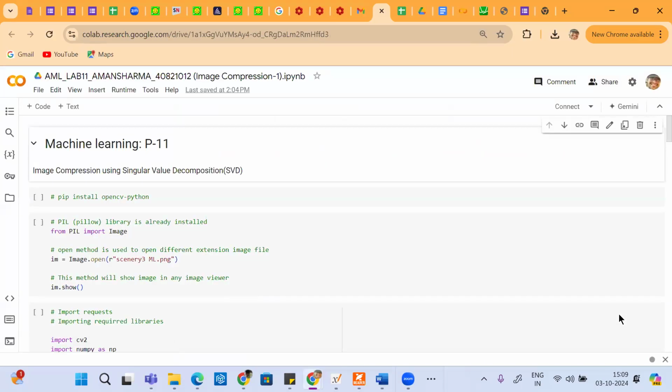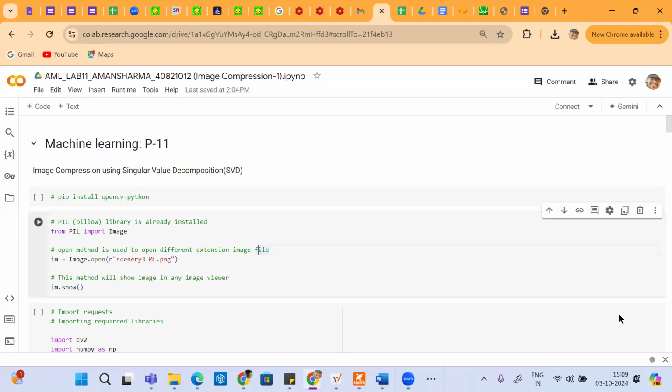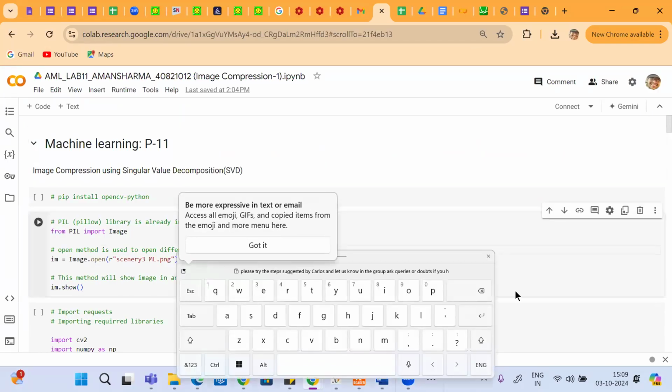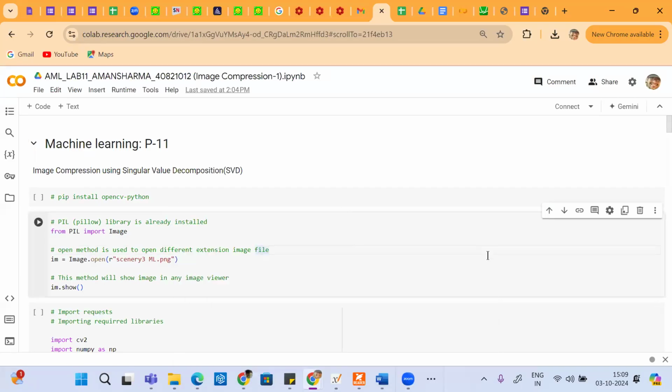Yeah. So you can start explaining about the code, some lines of the code, because it is simpler. Just use this keyboard for now. Start.